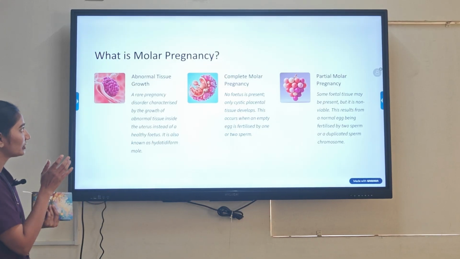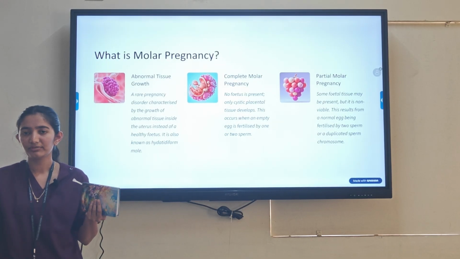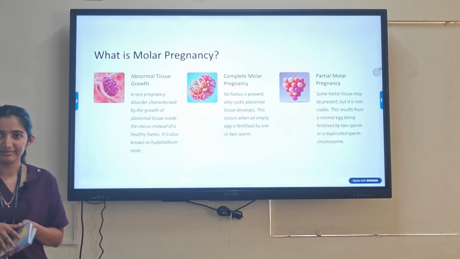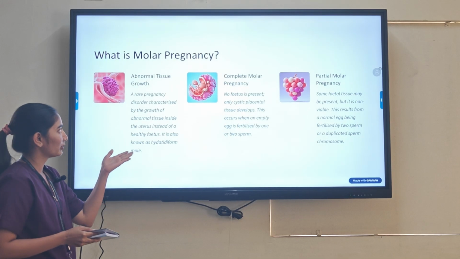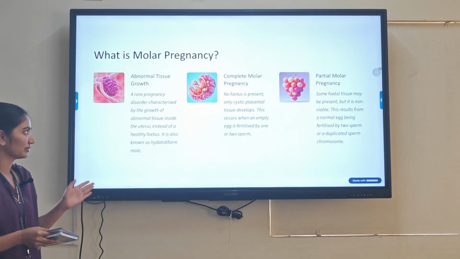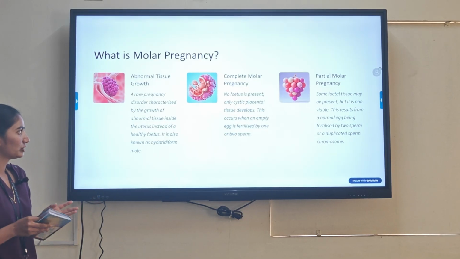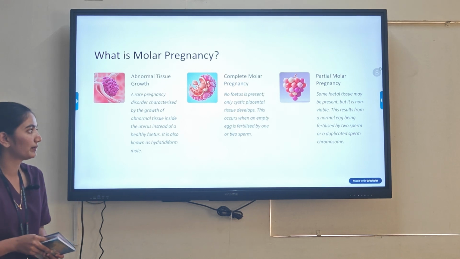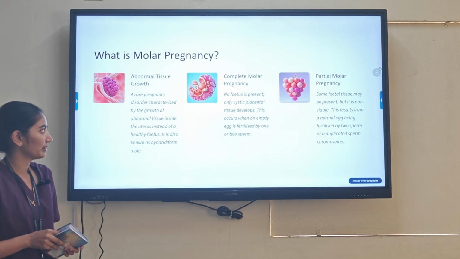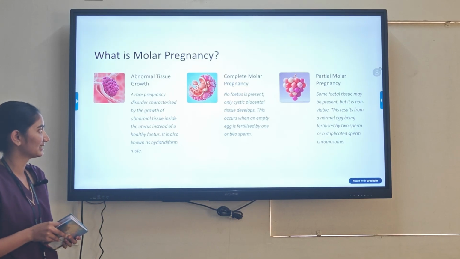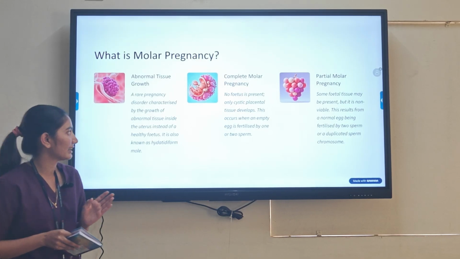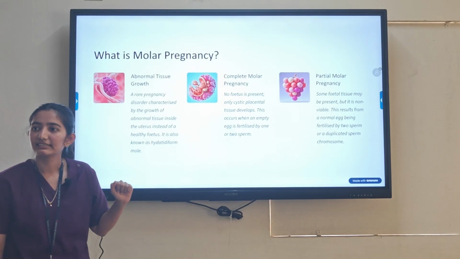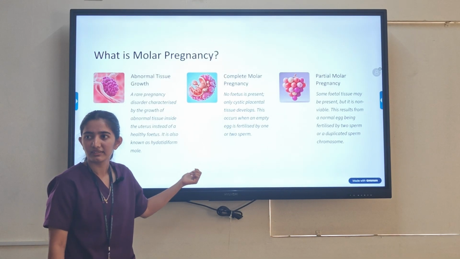It is again divided into two: complete molar pregnancy and partial molar pregnancy. In complete molar pregnancy, no fetus is present, only cystic placental tissue develops. And in partial molar pregnancy, some fetal tissue may be present, but it is not viable. Complete molar pregnancy occurs when an empty egg is fertilized by one or two sperms. In the empty egg there will be no maternal DNA.